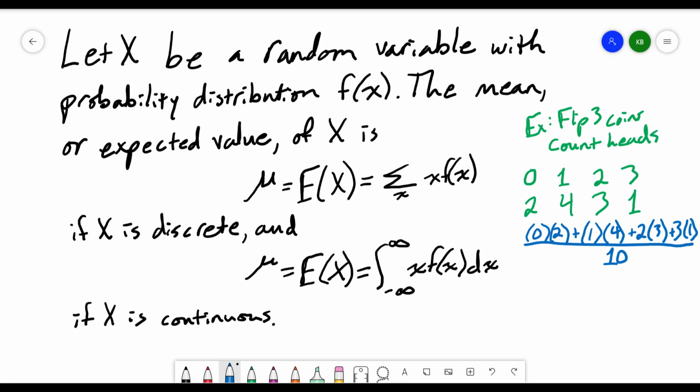Now, our definition of expected value is asking us to do basically that. What it's doing is it's taking the 0 number of heads and multiplying by 2 over 10. And then it's adding to that the 1 number of head and multiplying by 4 over 10.